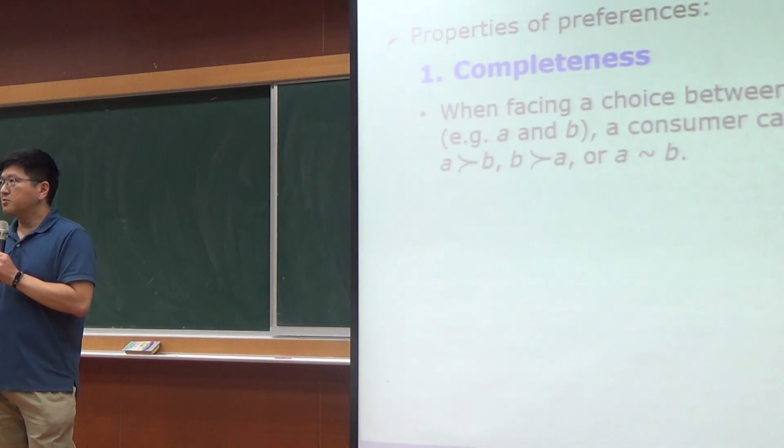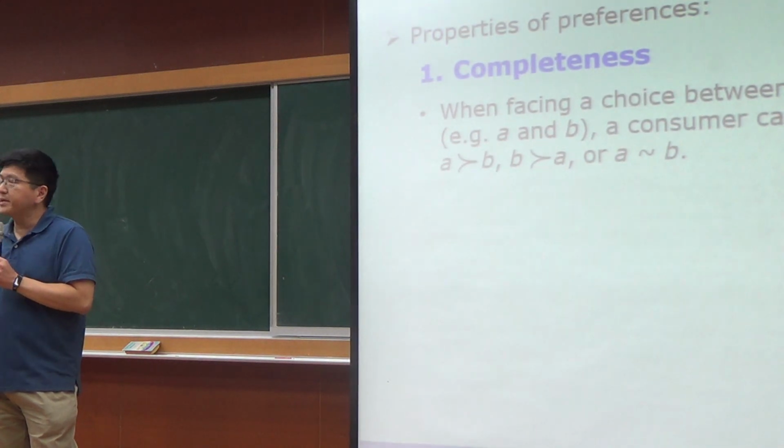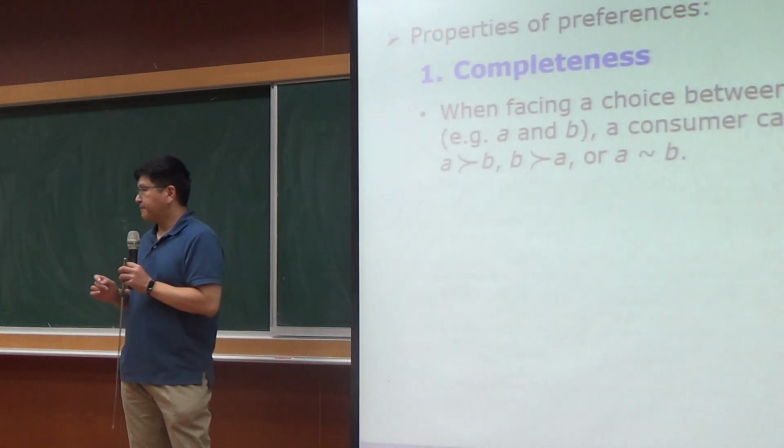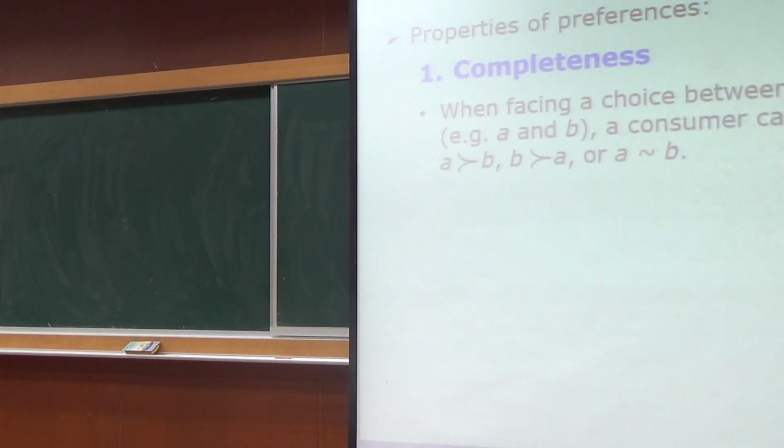So totally there are three. You may decide which kind of preference relation it is.